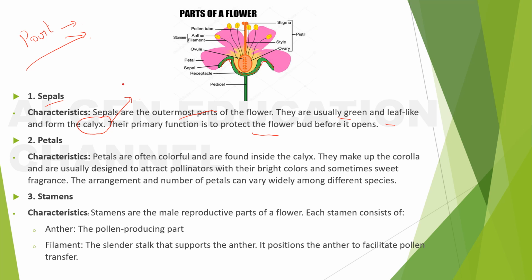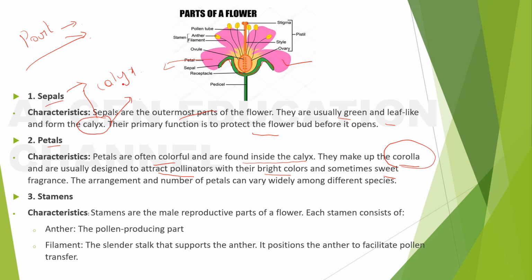Okay, now about the petals. These are the petals. Kids always play with these, right? Petals are often colorful and are found inside the calyx. They make up the corolla. So, as the sepals put together are called calyx, in the same manner, petals together are called corolla. And they are usually designed to attract pollinators with their bright colors and sometimes sweet fragrance, right?